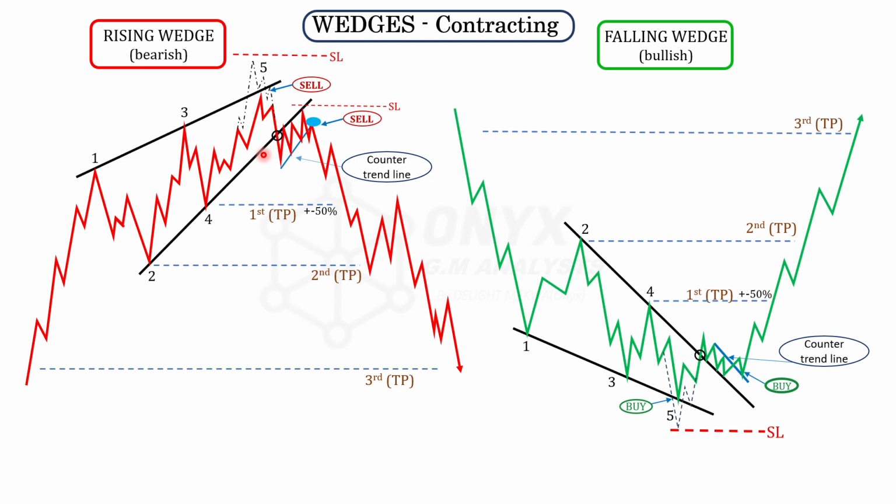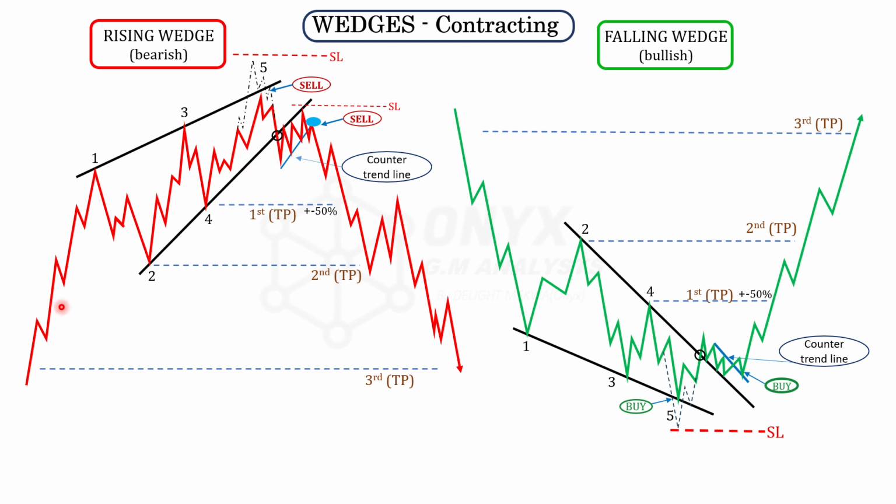If you check a wedge, it looks almost like a triangle. And in this case, the upper trend line is rising, the lower trend line is also rising, but they are contracting. They are not parallel to each other. Okay, so as they are contracting like that, we call it a rising wedge.